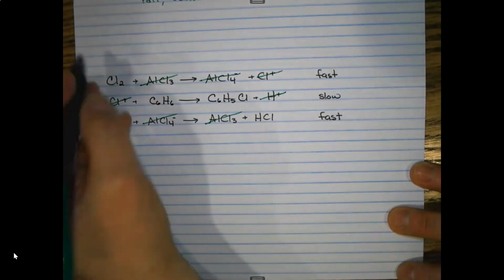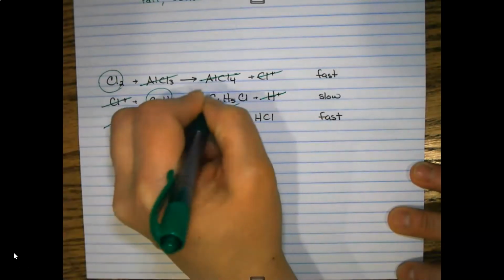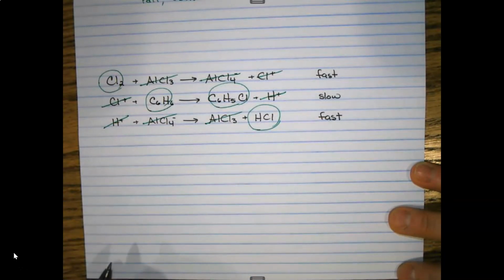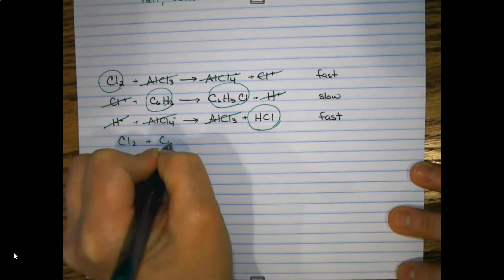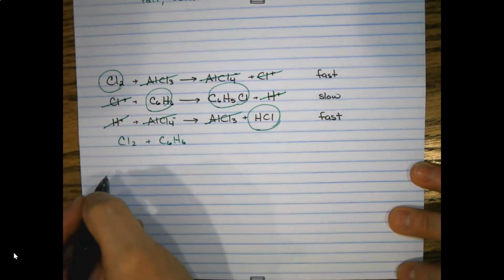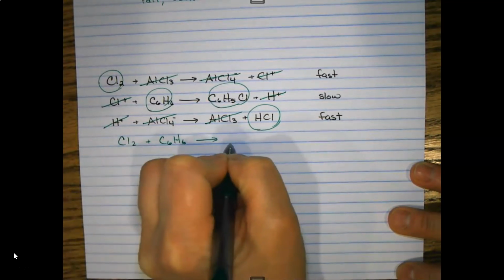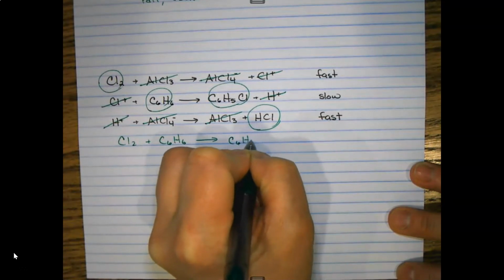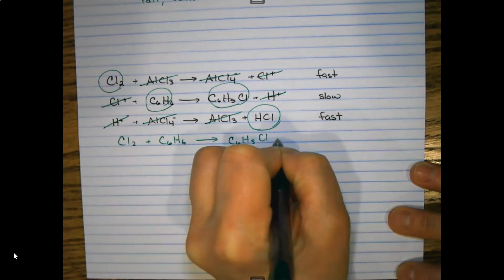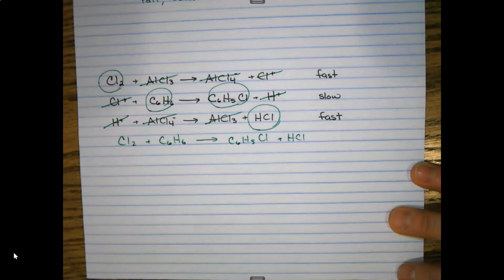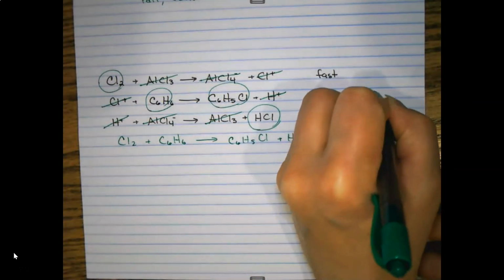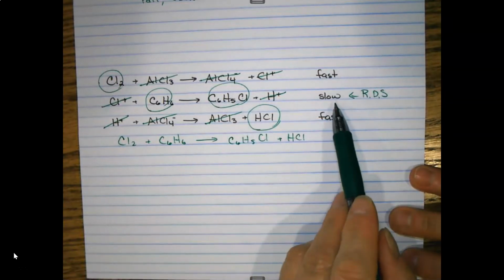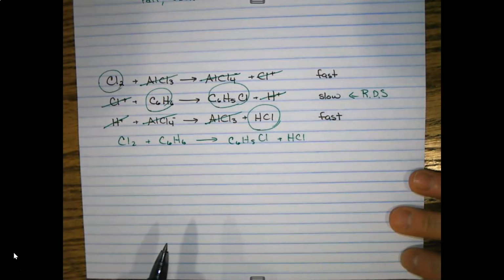So what I'm left with is my reaction. So Cl2 plus C6H6 give you C6H5Cl plus HCl. The rate determining step is the second step because it's the slowest step that happens.